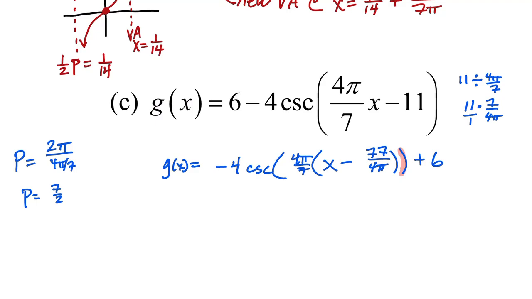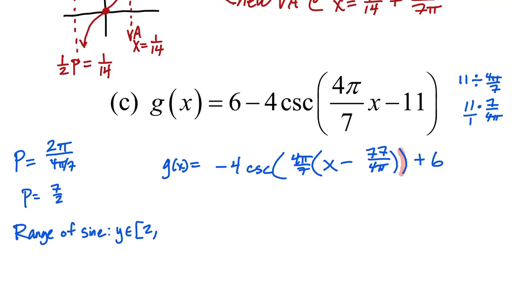All right, so now we need to find the range. The range is going to be not all real numbers, unfortunately. But what I like to do, and let me back this up, and you don't have to do this, I like to find the range of its reciprocal function first. That's just what I do. So I'm going to go ahead and write out the range of sine. If that were sine instead of cosecant, I know that the range would be y epsilon. The low point would be d minus a, which is 6 minus 4, that's 2.